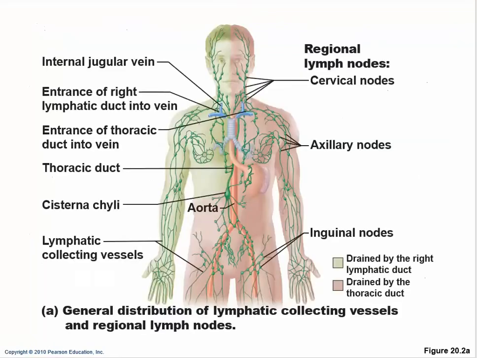So it ends up looking like this. It's not symmetrical. The green area here all ends up in the right side. All the pink area from the left side of your face, the entire left side of your body, and everything below the diaphragm bilaterally ends up in the thoracic duct.